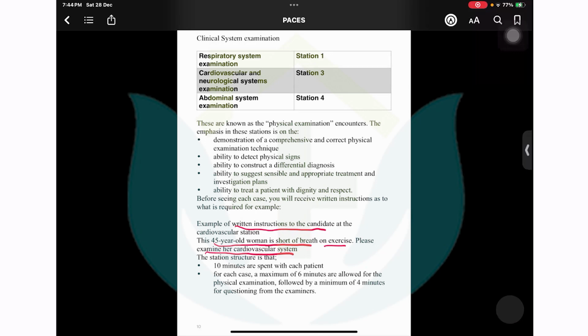So I always make it a point that the patient may be cardiac, respiratory, abdominal, or neuro. Always end the patient with their feet. Always. There might be pitting edema, there might be gait issues, there might be some marks on the feet, maybe a diabetic foot or something.